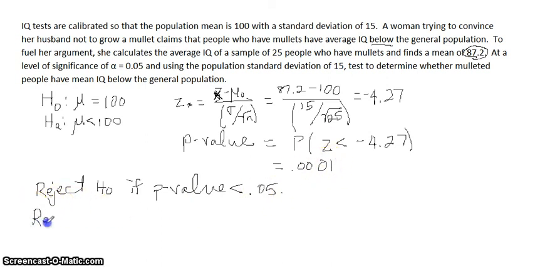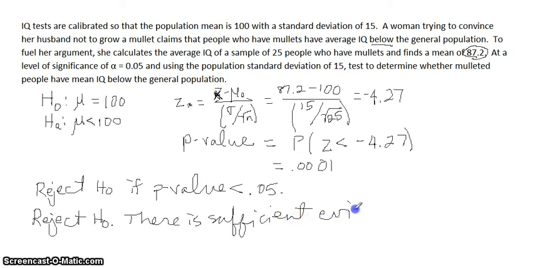Therefore, we're going to reject H naught and say that there is indeed sufficient evidence to conclude that mu is less than 100.